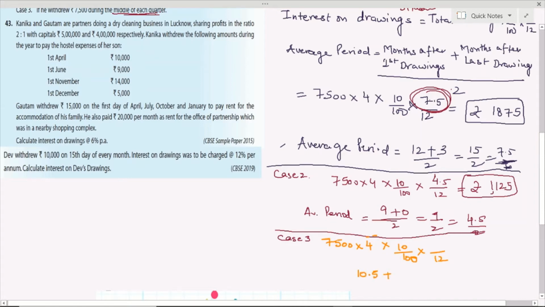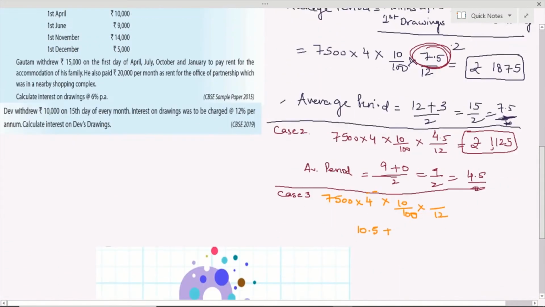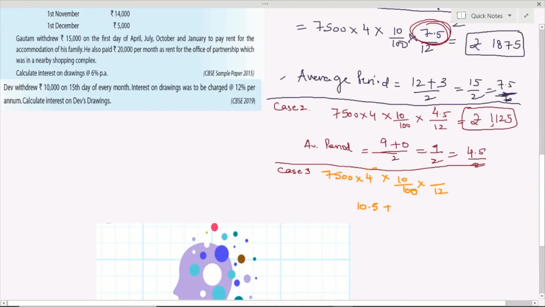It was 15th of May and 15th of Feb, and it is to be compared with 31st of March. So 15th Feb to 31st of March means 1.5, divided by 2. So this is my average period.